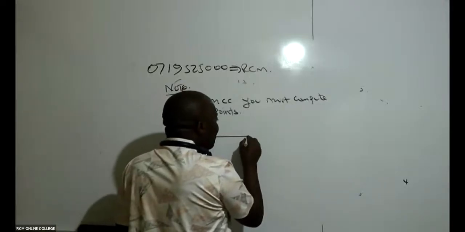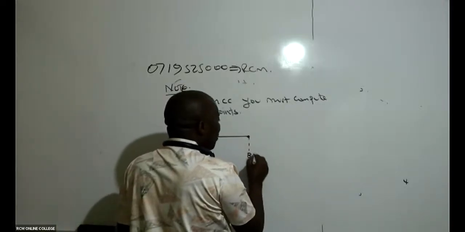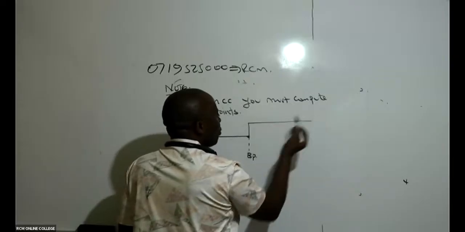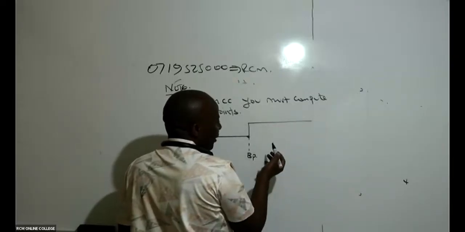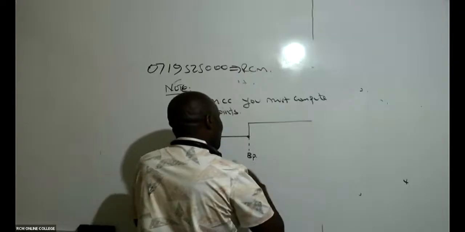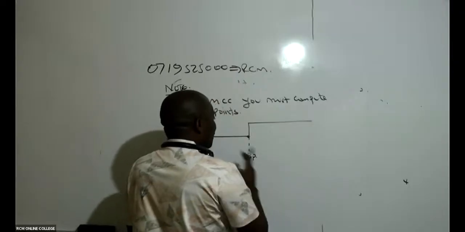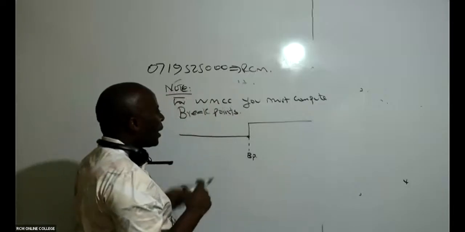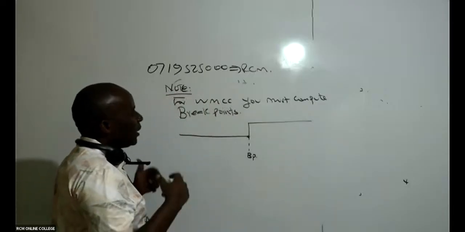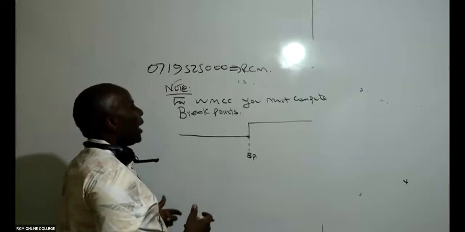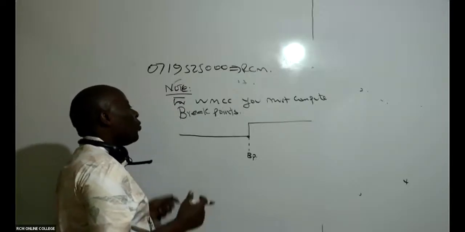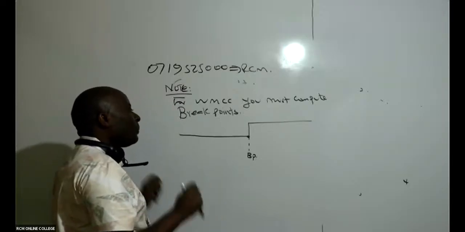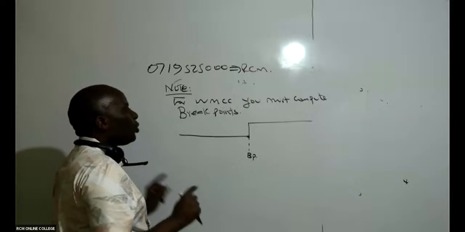Once you hit this breakpoint, then of course we expect the 12 to go up, maybe to 14. So the breakpoint is there to get rid of the discontinuity. At the breakpoint, we expect the cost of capital of a firm to change.